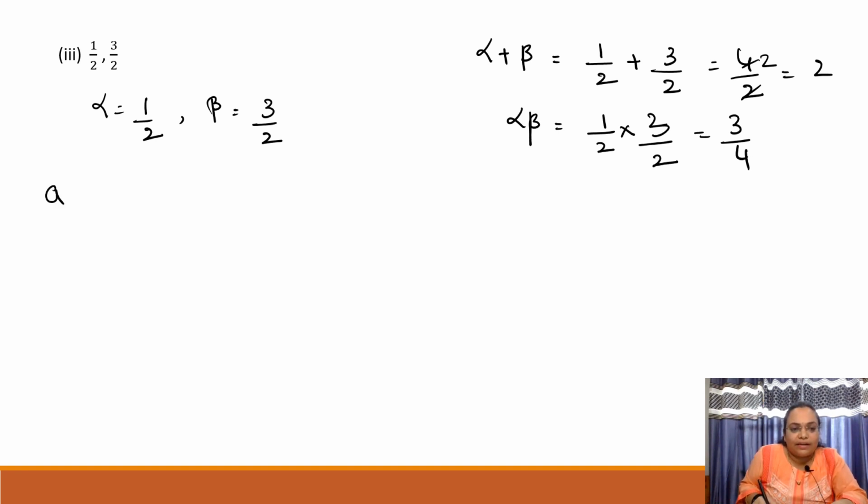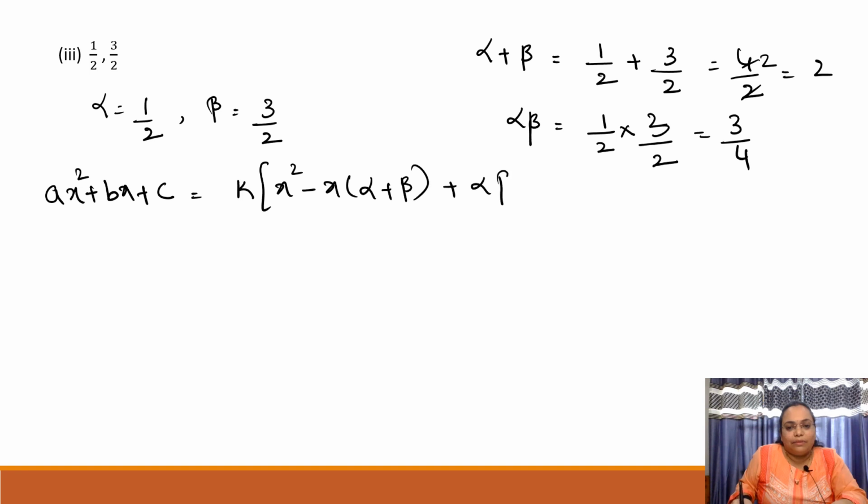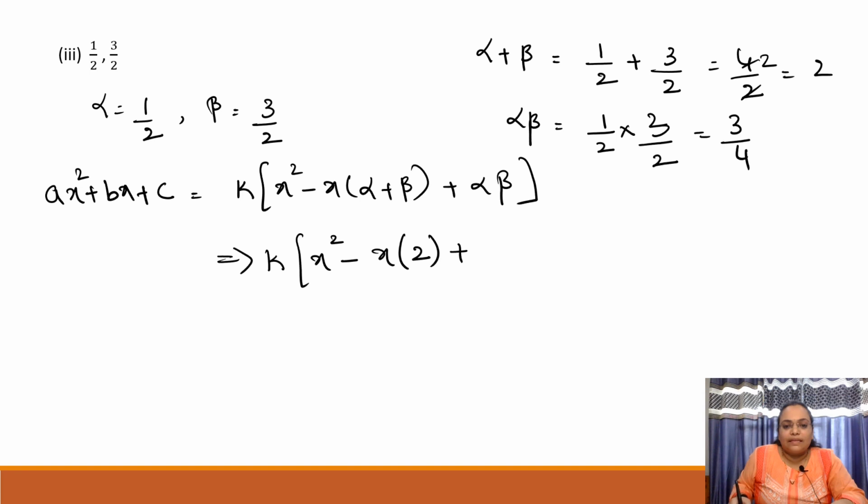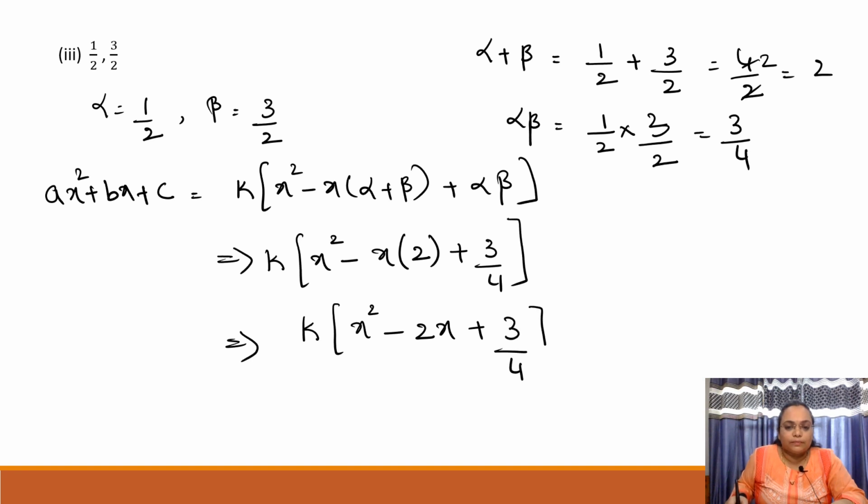So quadratic polynomial ax square plus bx plus c is equals to k of x square minus x of alpha plus beta plus alpha beta. That is k of x square minus x of alpha plus beta is 2 plus 3 by 4, which is k of x square minus 2x plus 3 by 4.